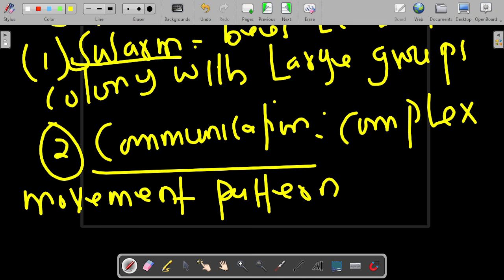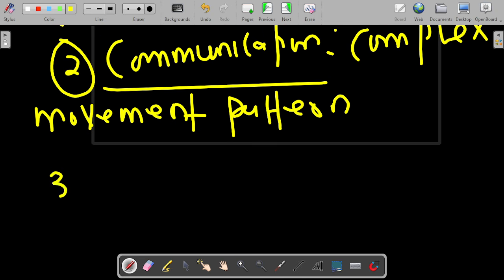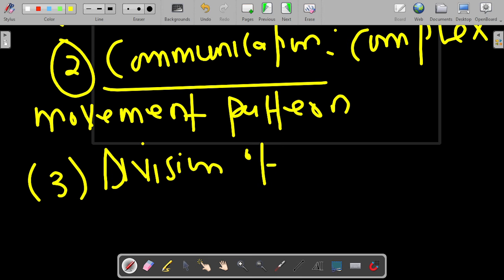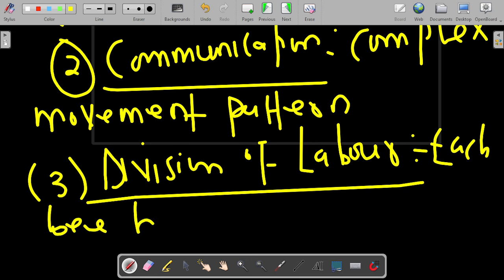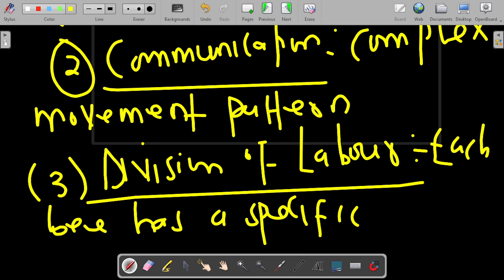That's what it demonstrates. Then number 3, division of labor. This means each bee has a specific role. So that's the whole of it.